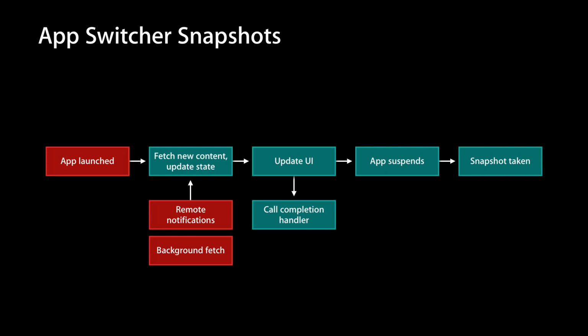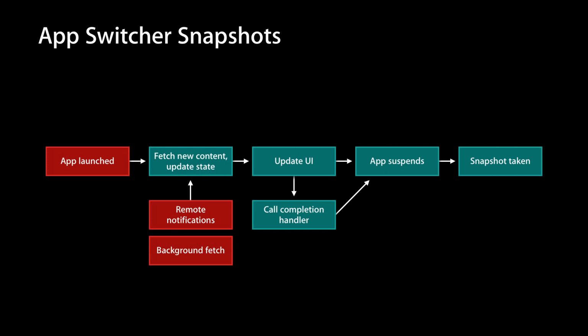So we'll invoke this new UIApplication background delegate method. You do your updating in the background. You update your UI, and that's the critical thing here, and then you call the completion handler. That's your indication that you're done doing your update, and now iOS will suspend your app just like normal, and will take a new snapshot.